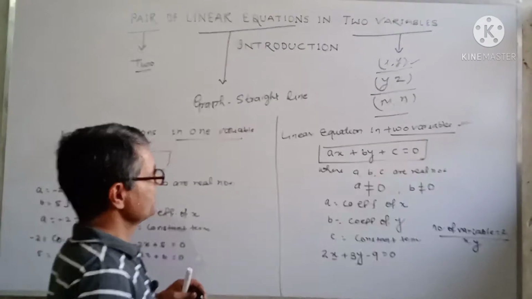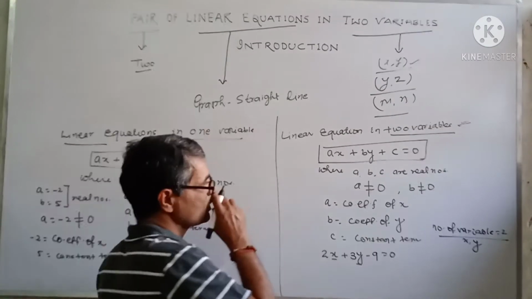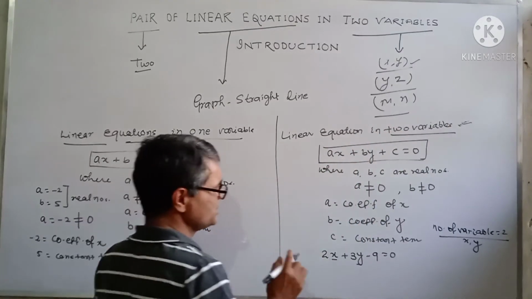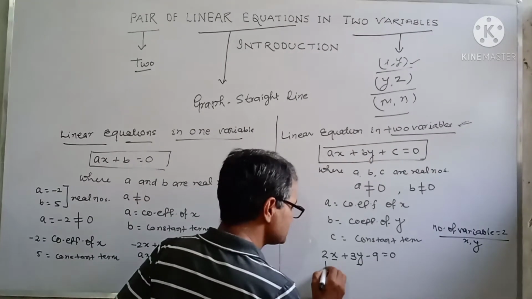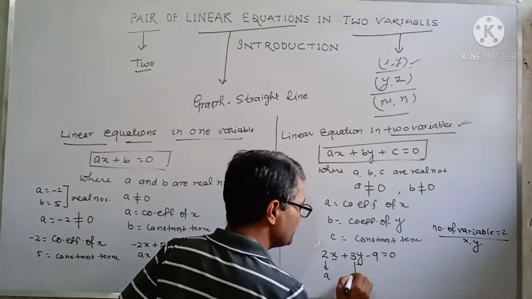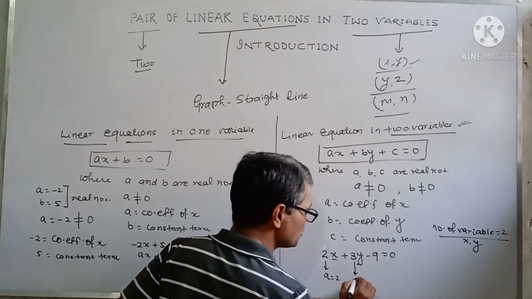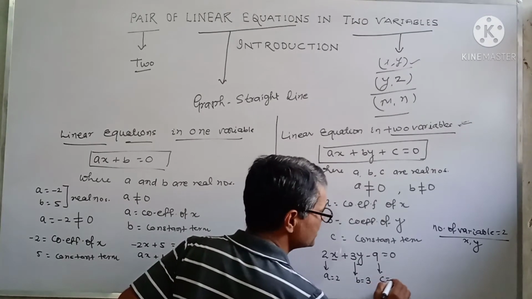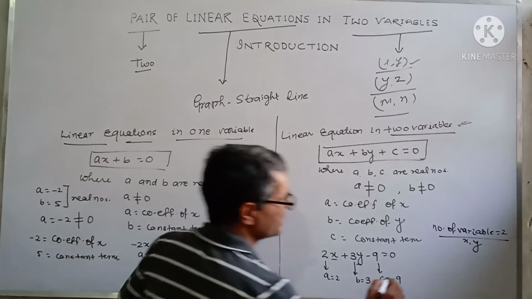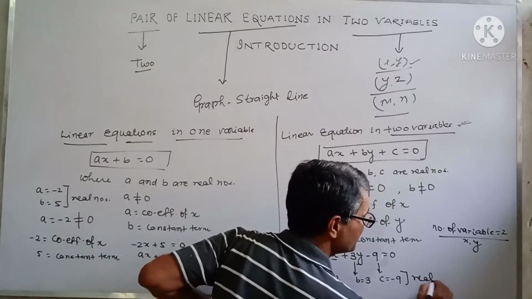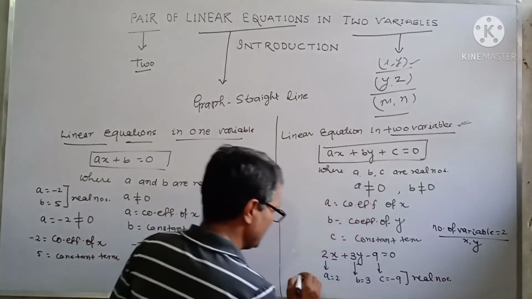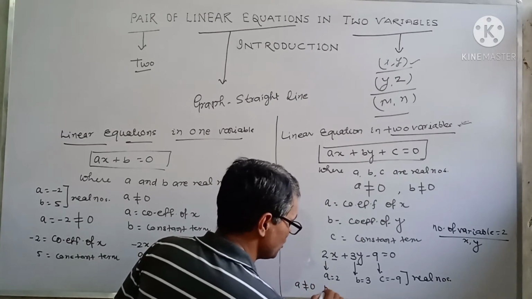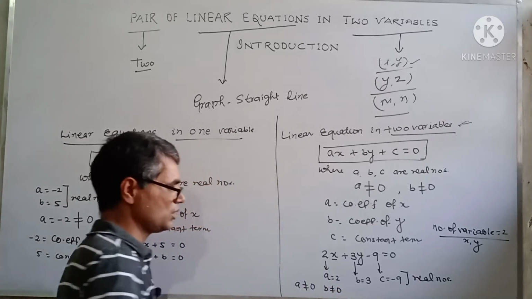But this equation also satisfies all the conditions of a linear equation in two variables. Here a is equal to 2, b is equal to 3, and c is equal to minus 9, and all of these are real numbers, and a is not equal to 0 and b is not equal to 0.